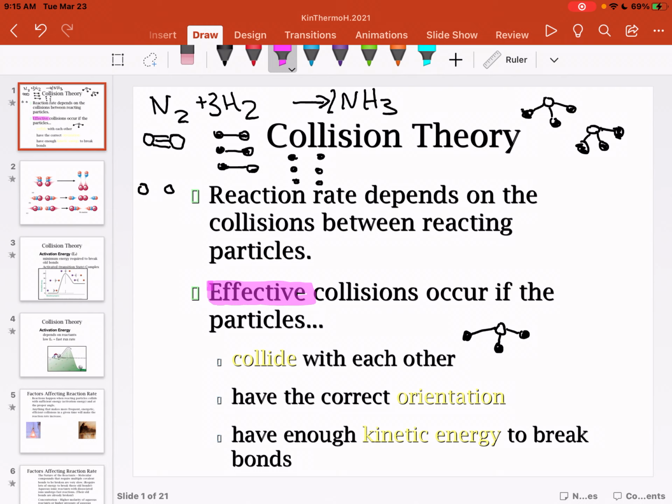No, I have to have enough energy to be able to break old bonds, and I need to be able to form new bonds by having the particles lined up the right way. So an effective collision occurs when we have everybody lined up the right way and when we have enough kinetic energy. So they have to be lined up and they have to hit hard.